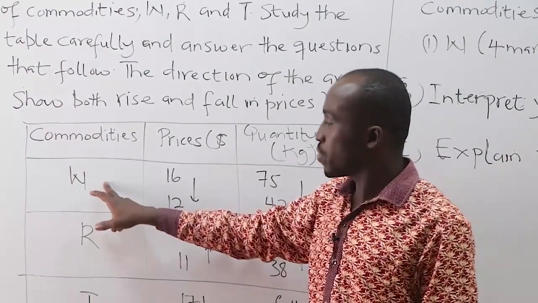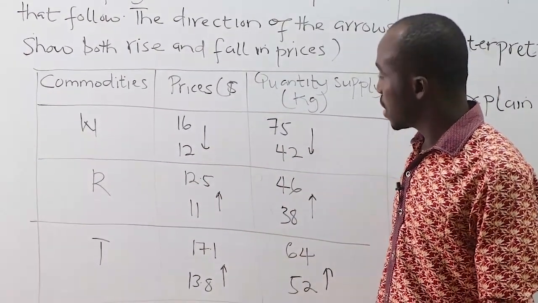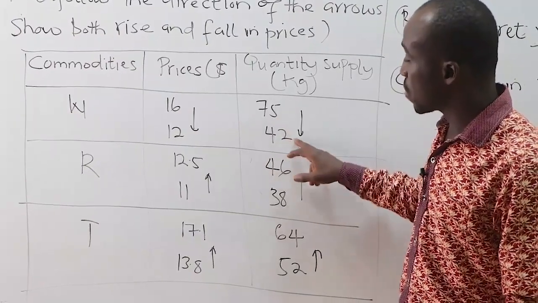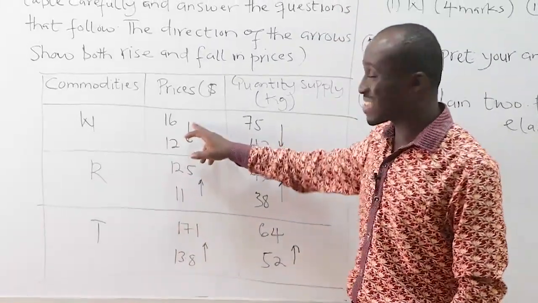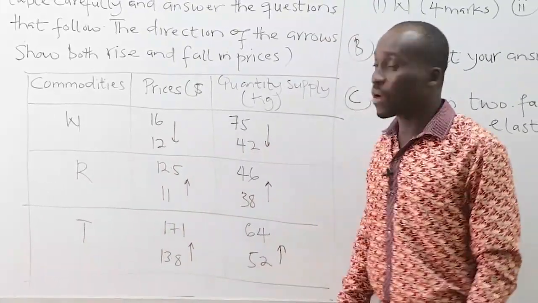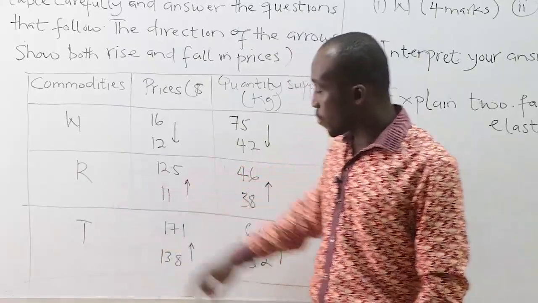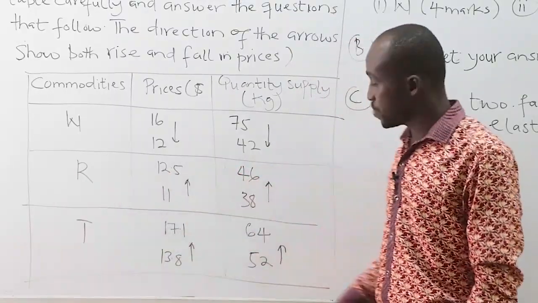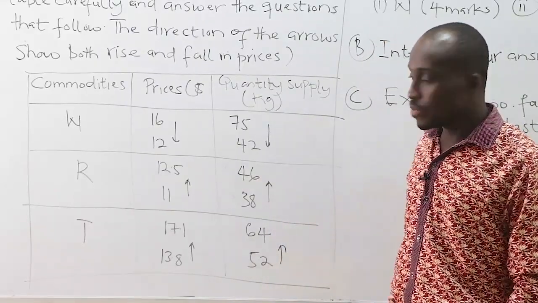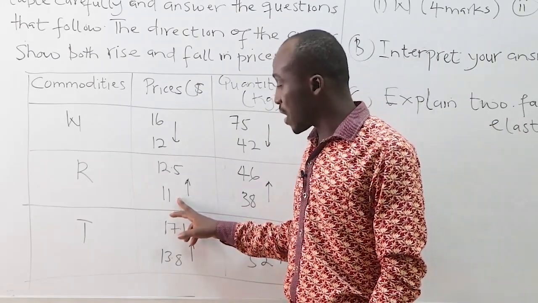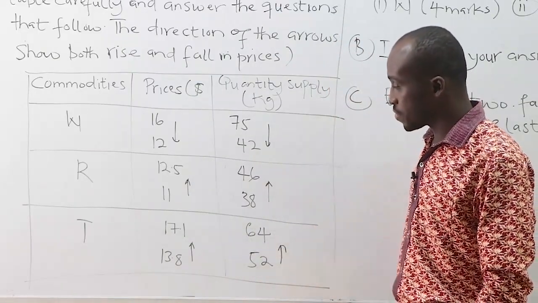If you look at W, the price decreased from $16 to $12, and the quantity supply decreased from 75 to 42 units, kilograms. Commodity R, the price increased from 11 to 12.5, and the supply increased from 38 to 46.